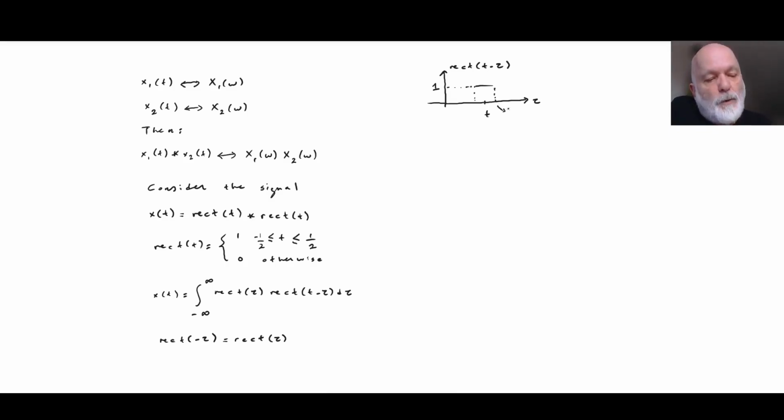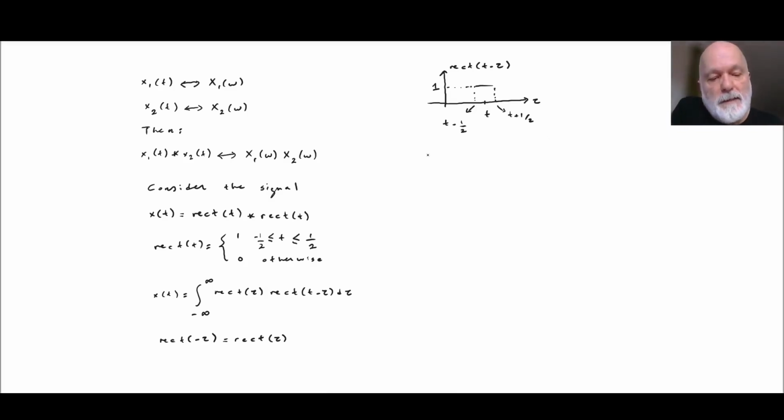Therefore, this point here is t plus 1/2, and this point over there is t minus 1/2. Okay, now we have to calculate the convolution integral for all possible values of t, that means t changing from minus infinity to plus infinity.